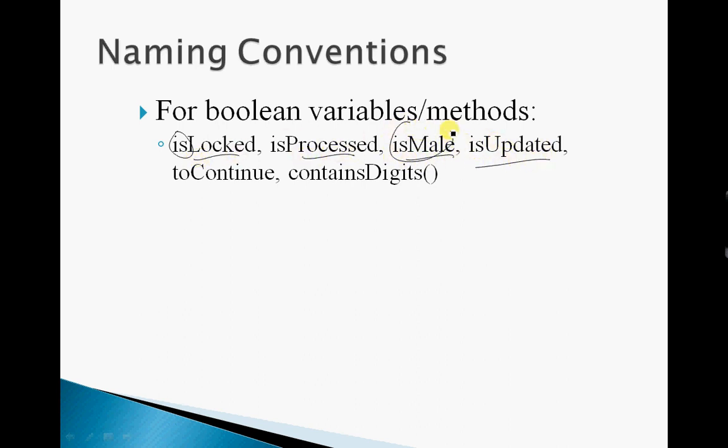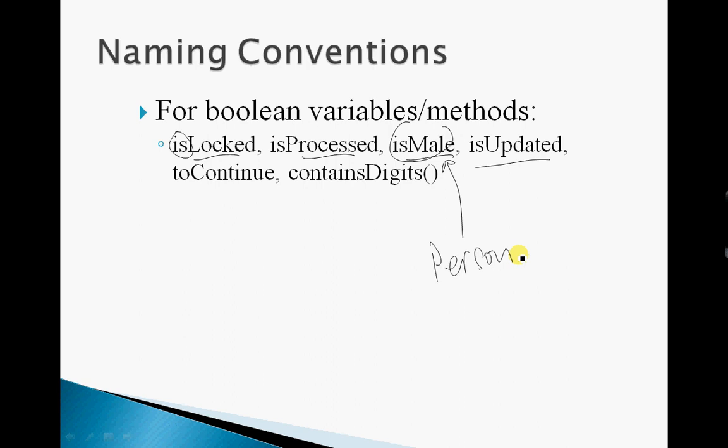For example, you can have a person class and an attribute can be isMale to represent the sex of that person, Boolean type, of course. Let's assume a person can only be male or female and nothing in between. So, if isMale is true, that means the person is a male.